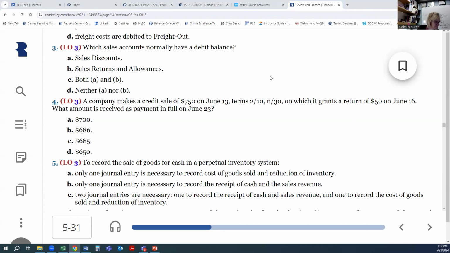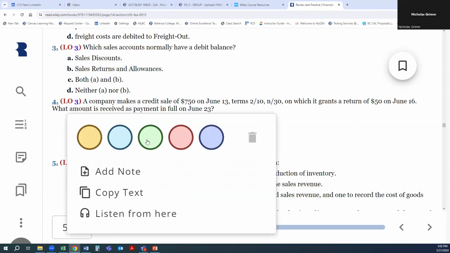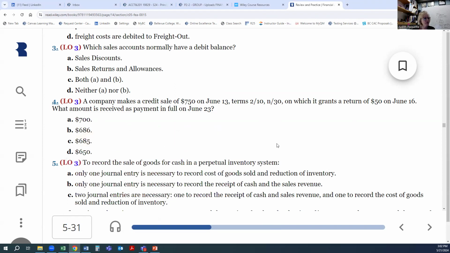The textbook says the answer is 686. Yeah, I accidentally made a mistake. I took the 2% out of the 750 rather than subtracting 50 from it. Right. So it's net of $700, and you're just going to take that times 98% and get 686.